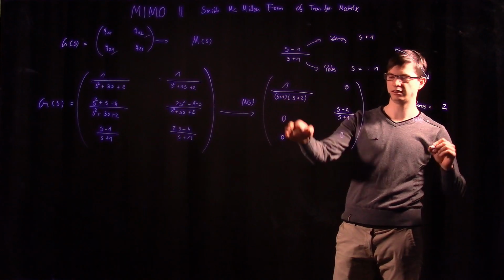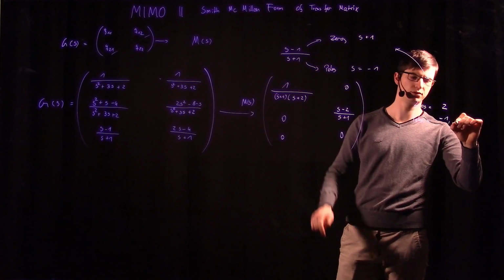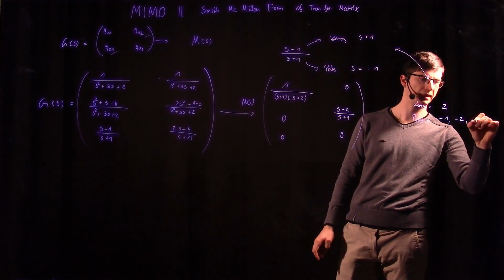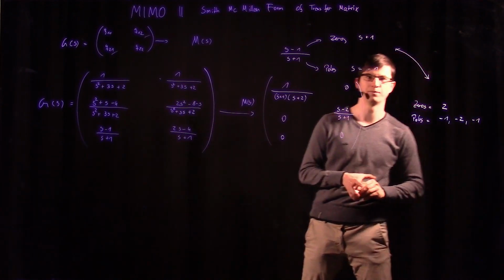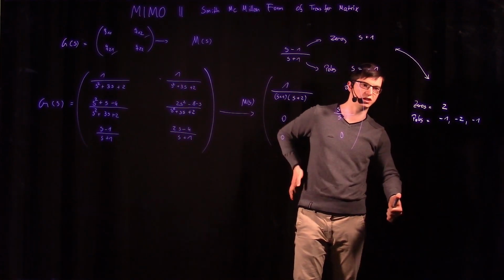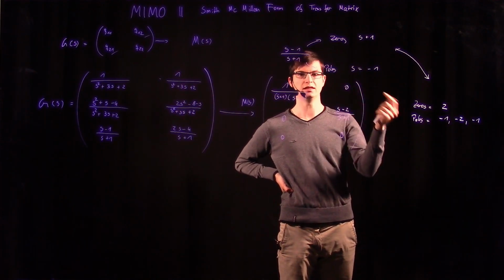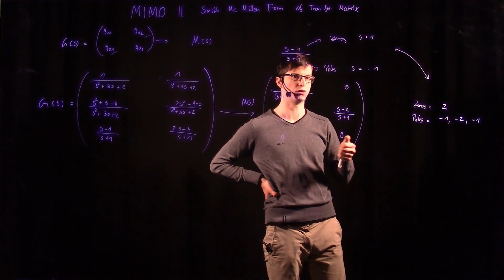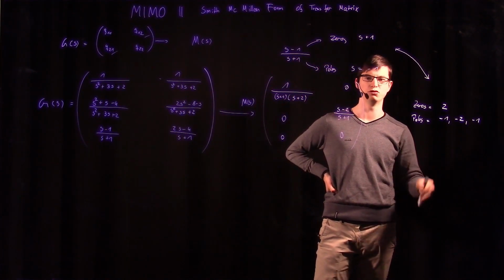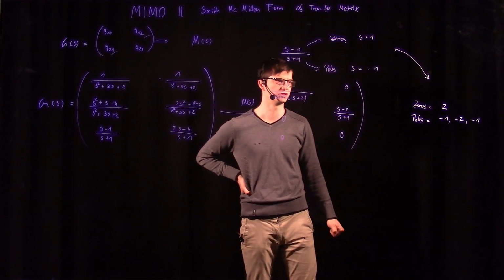What we will get is s minus 1, s minus 2, and s minus 1. And there we see that for the poles especially, the poles of the single functions will be seen as poles for the whole system as well. But that does not apply for the zeros.